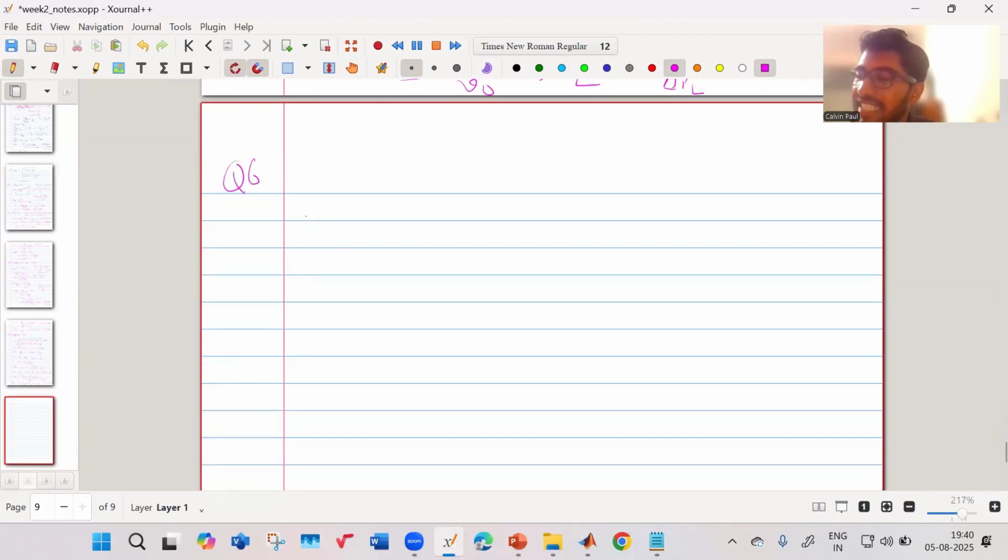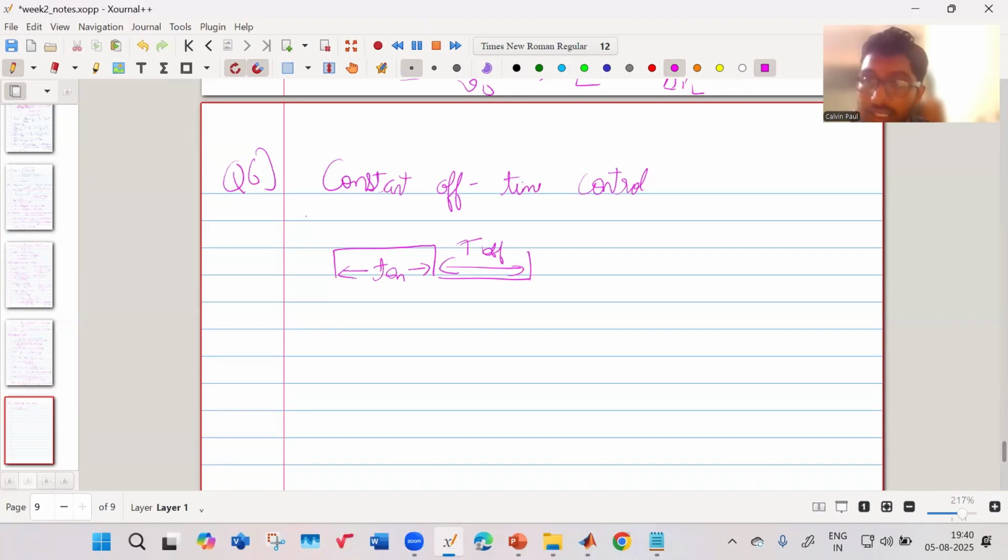So question 6. This is regarding constant off-time control. So what happens in constant off-time control is this time t on is adjustable, but this time T off is fixed.